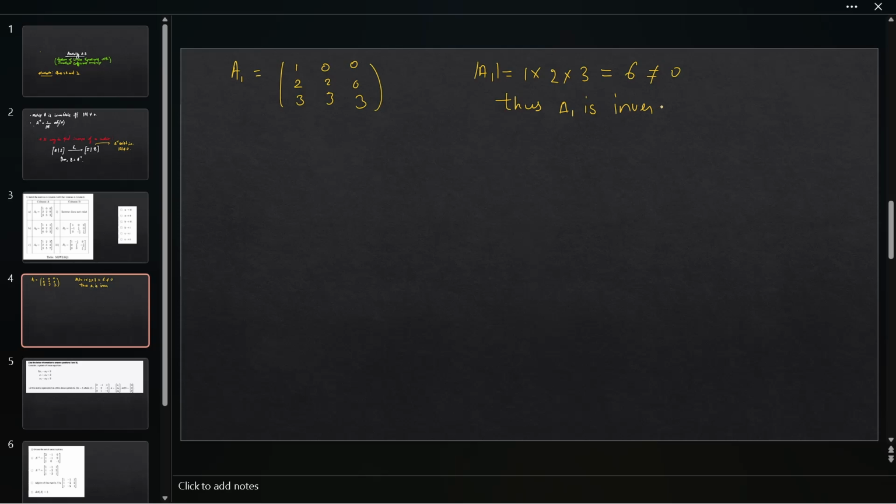Now, once it is known that A1 is invertible, we can find its inverse. If we start with the matrix [A1 | I] and perform a series of elementary row operations such that A1 becomes the identity matrix I, then the same elementary operations on I will result in B, and this B is going to be the matrix A1 inverse.